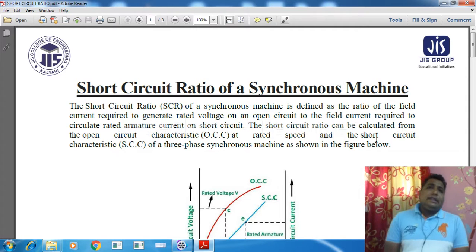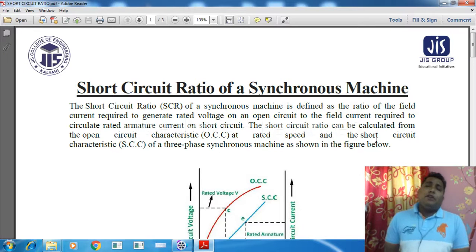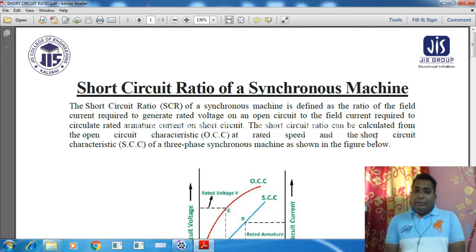And in the short circuit test, the terminals of the armature windings are shorted by means of an ammeter, to find out what short circuit current is flowing. In the open circuit test, we have to set the field current at a value so that the rated terminal voltage appears. Similarly, we have to set the field current at such a value that the rated short circuit current can flow through the armature winding when it is short circuited.